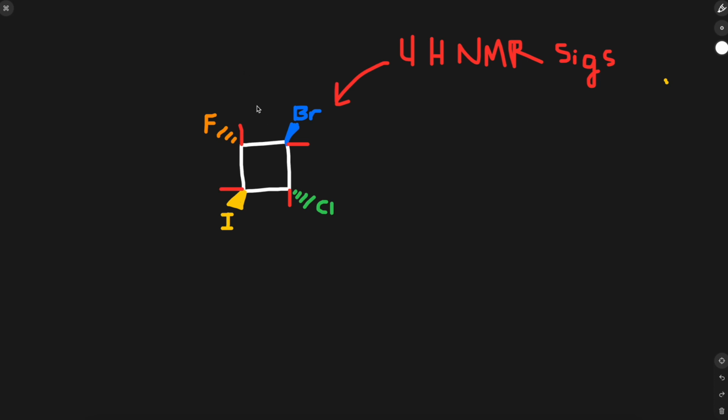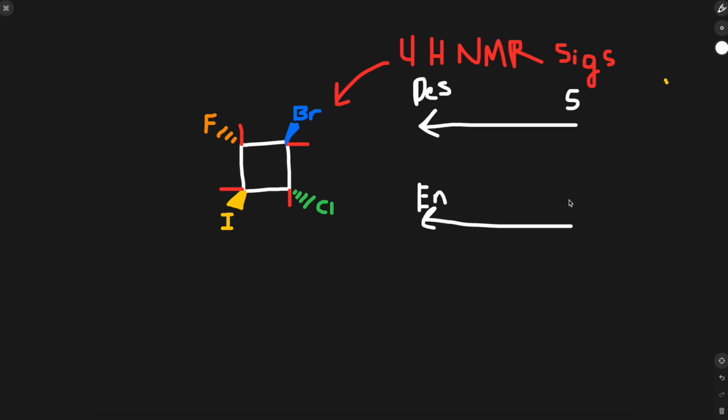So this means that we need to follow a trend. If this is the most deshielded and this one is the most shielded, it's going to follow a trend like electronegativity, where this is the most electronegative atom here and this is the least electronegative atom.